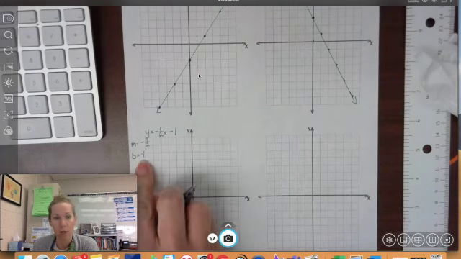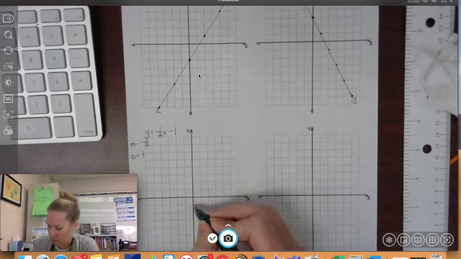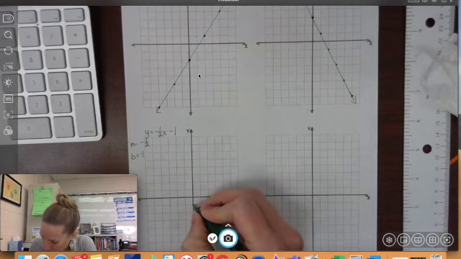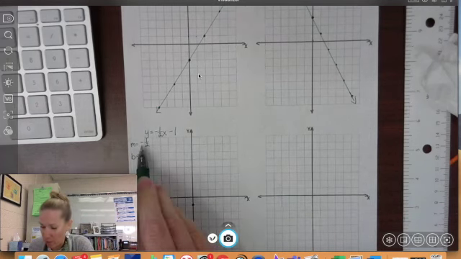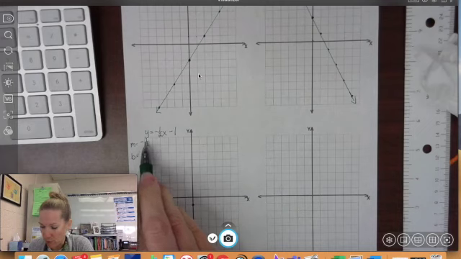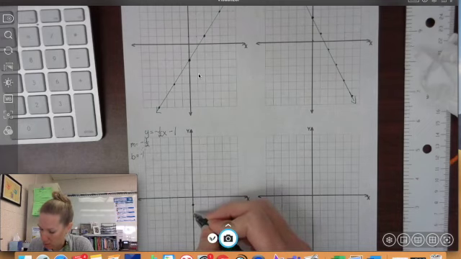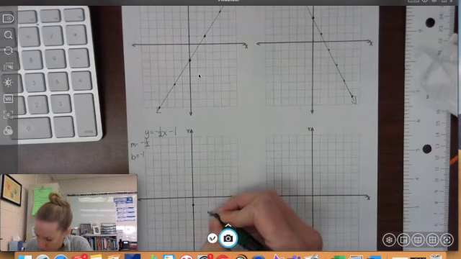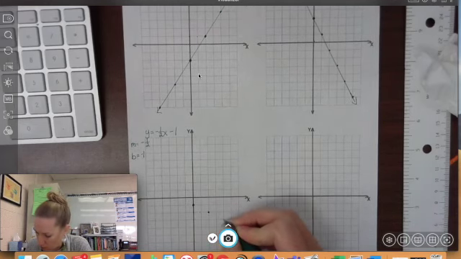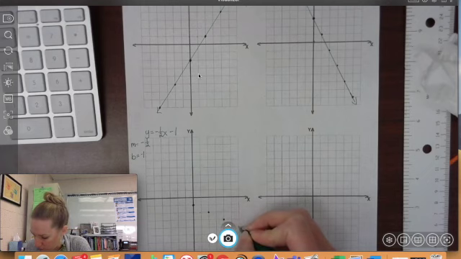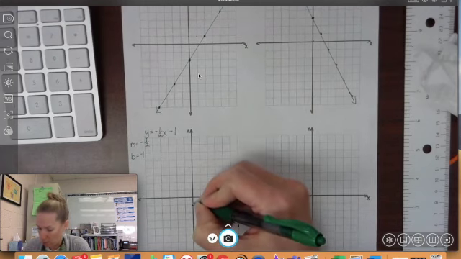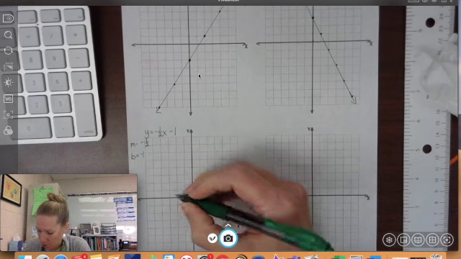Once again, we're going to start with the y-intercept of negative 1. And now my slope of negative 1 half. So rise of negative 1 and run of 2. Down 1, over 2, down 1, over 2. Or up 1, back 2.